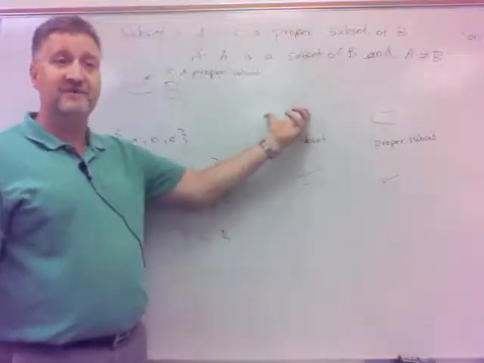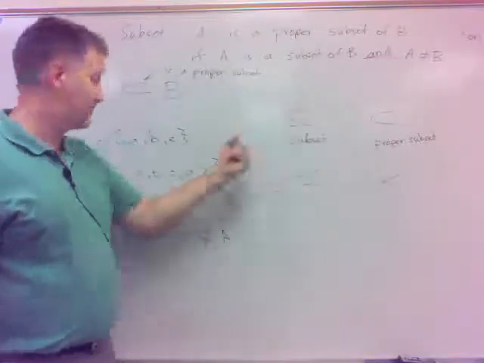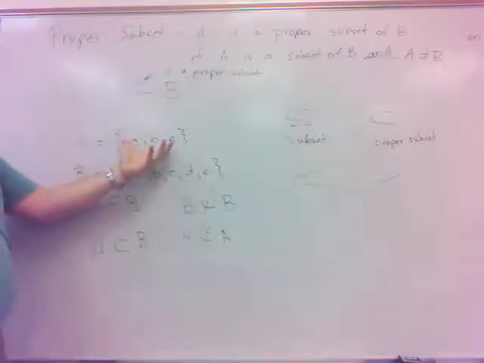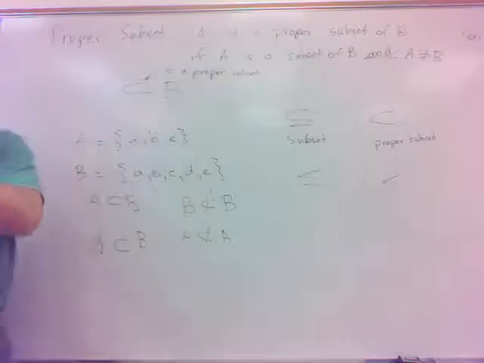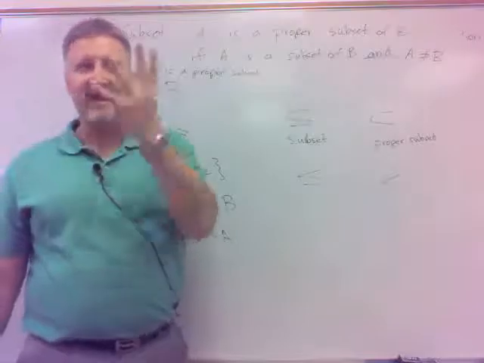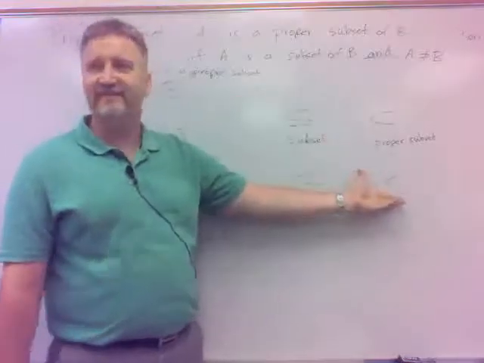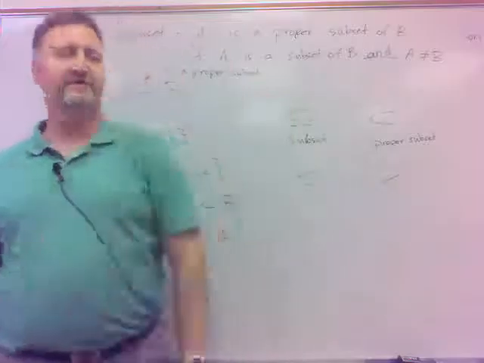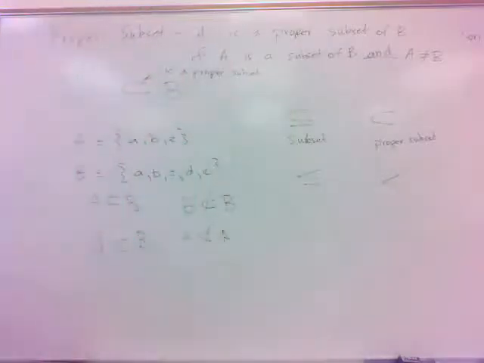Isn't that kind of what this means? A is a subset of B. Subset basically means it's less than, but it could be equal to, right? For subset. Now, for proper subset, it has to be less than, just like that has to be less than. It can't be equal to, you see. So there is a connection there. But anyway, okay?